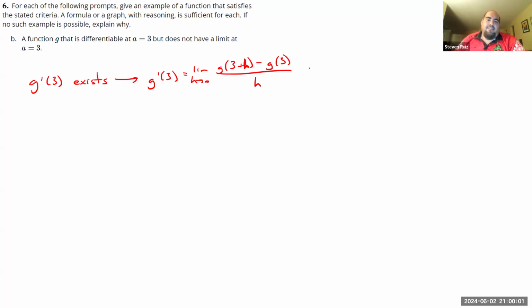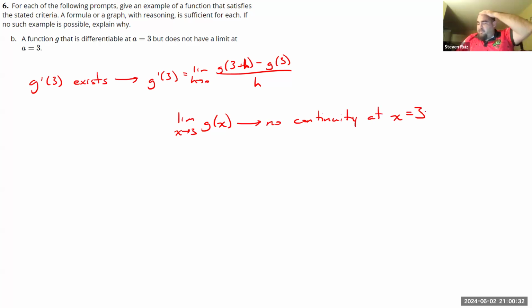This limit cannot exist if this limit doesn't exist: the limit as x approaches 3 of g of x. And if we're told that this limit doesn't exist, that means that we have no continuity at x equals 3.